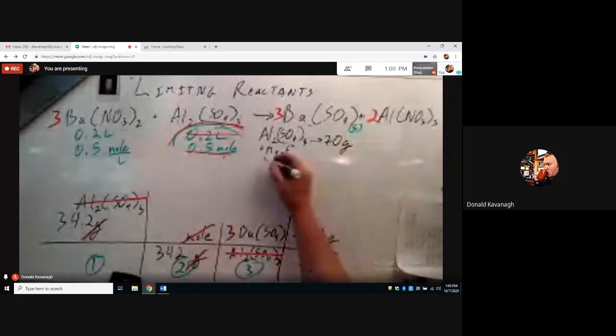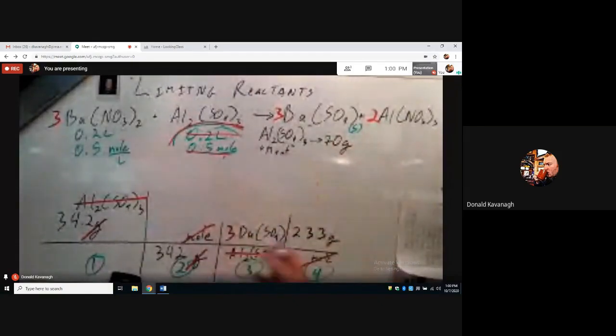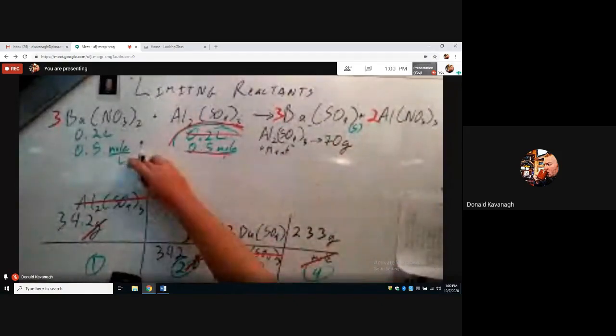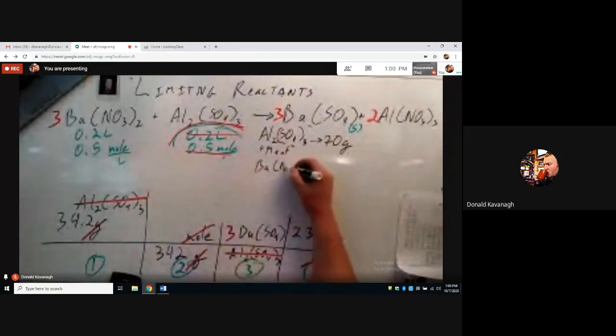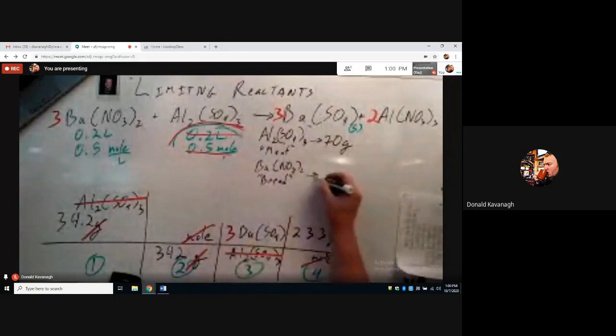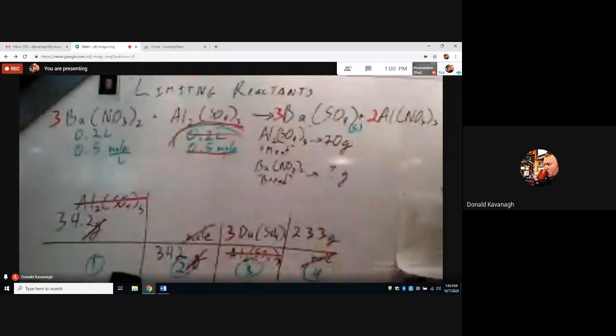Now we're going to do the identical setup and run through, but for the bread, and see how many grams of sandwiches can be made with our bread.